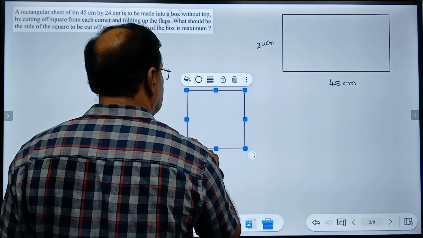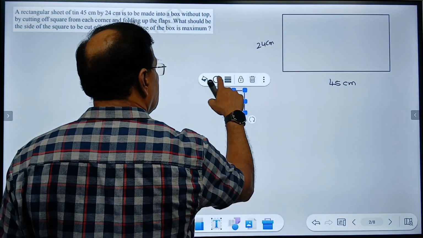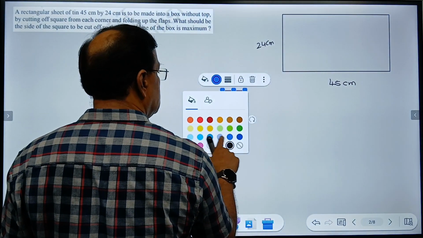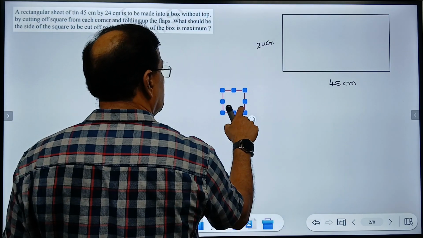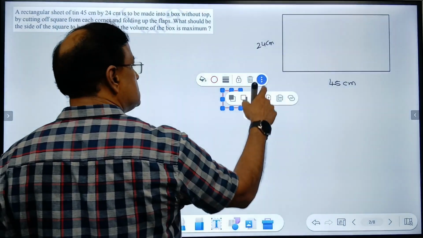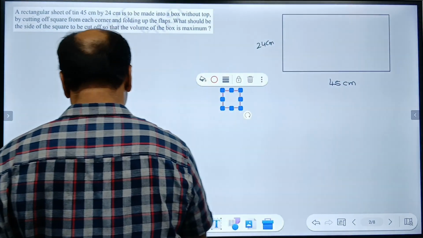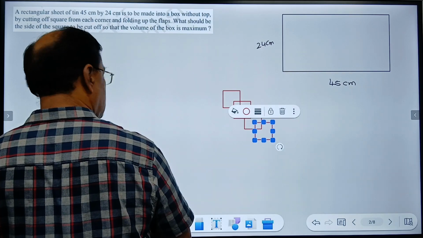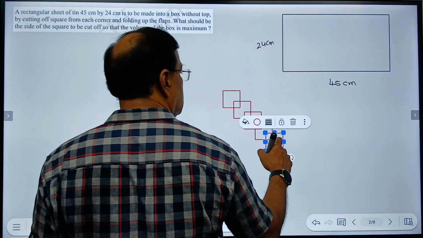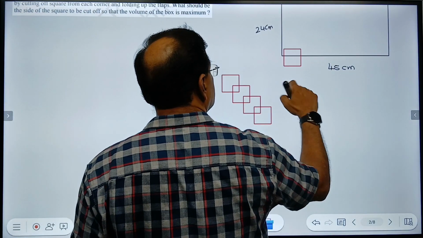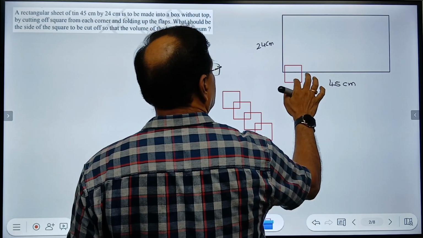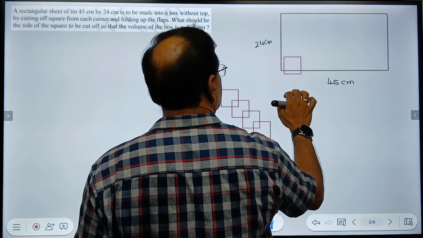I'll just change this color to say red. So equal squares are cut. So 1, 2, 3, 4. So I'll take this and I'll put it here. Equal squares are cut.